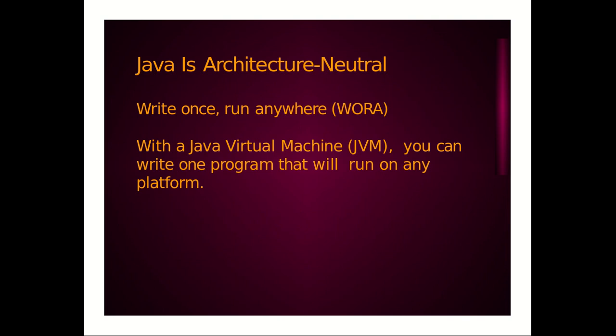You write the program once and it can be executed on any computer, any platform. Platform means a different working or execution environment: Windows, Linux, Mac OS, Solaris OS, any platform can be used for execution of your Java program. With the Java virtual machine, you can write one program and run it anywhere on any platform.